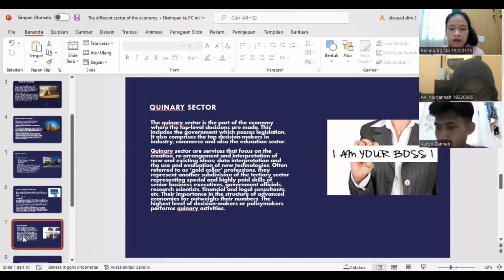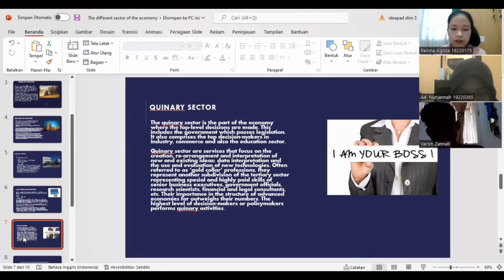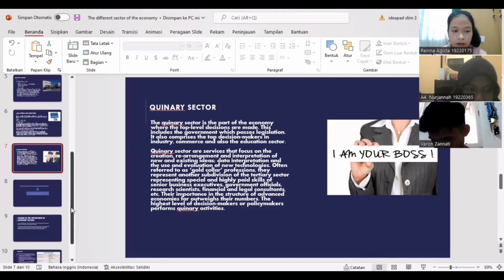They represent another subdivision of the tertiary sector, representing special and highly paid skills of senior business executives, government officials, research scientists, financial and legal consultants. Their importance in the structure of advanced economies outweighs their numbers. The highest level of decision makers or policy makers perform quinary activities.